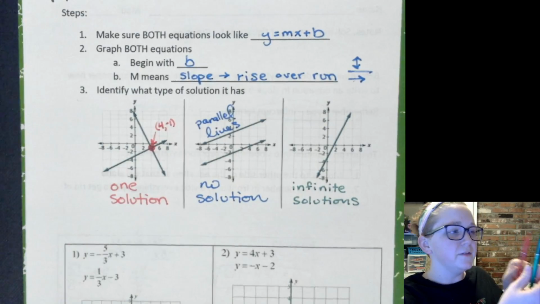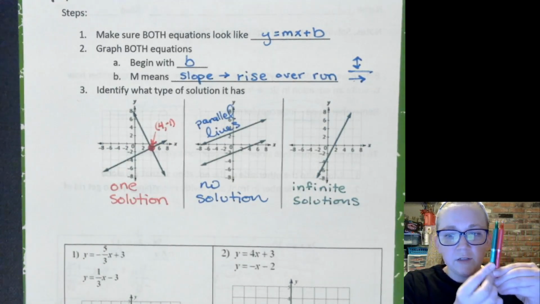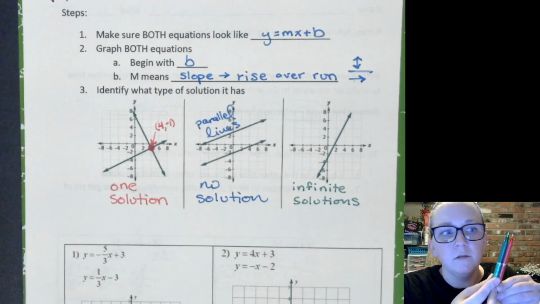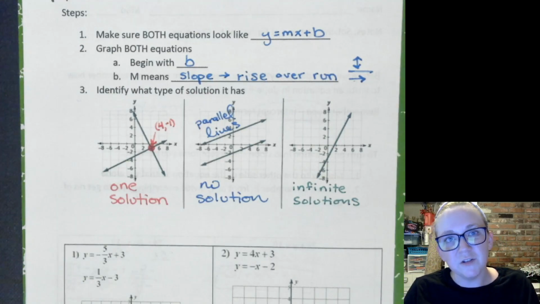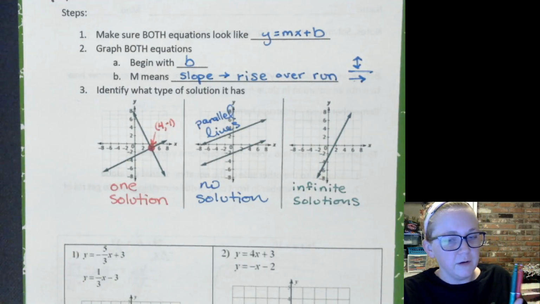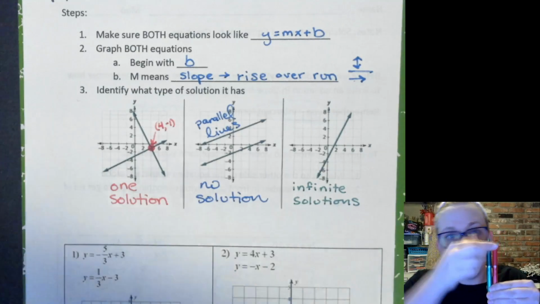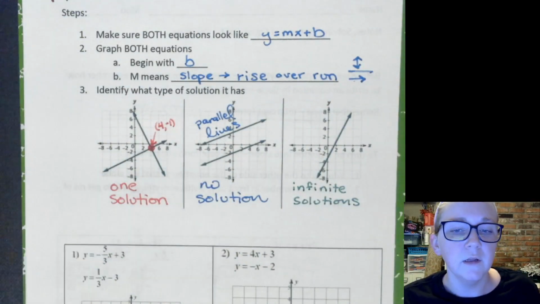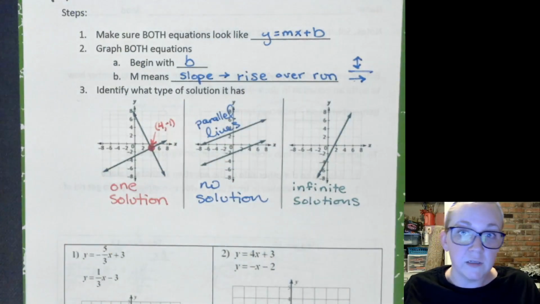But if I have 2 lines directly on top of each other, they're touching all the time, forever. So that means they're intersecting at every point, here and here and here, forever, because lines go forever. So that's why it's infinite solutions. That's how you tell the difference.